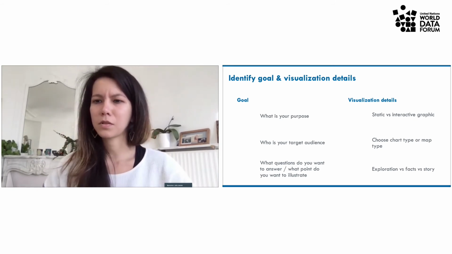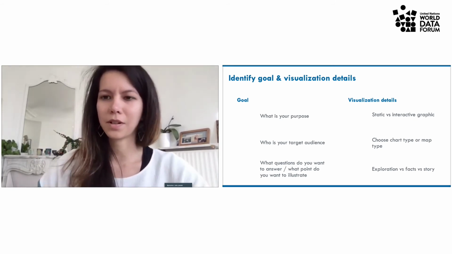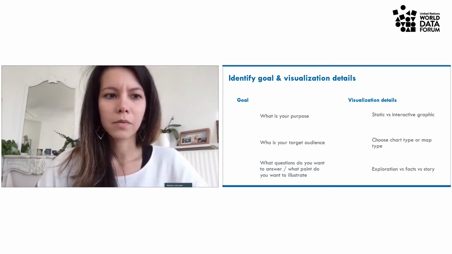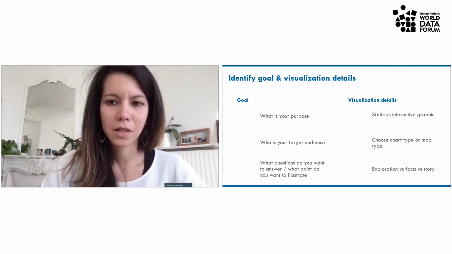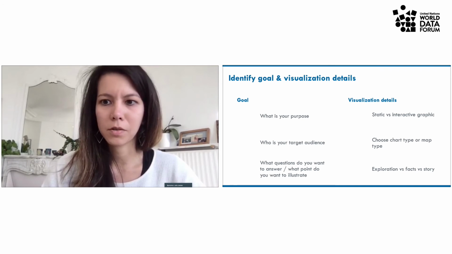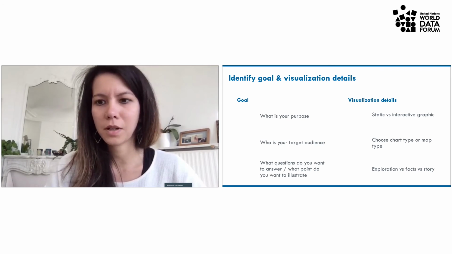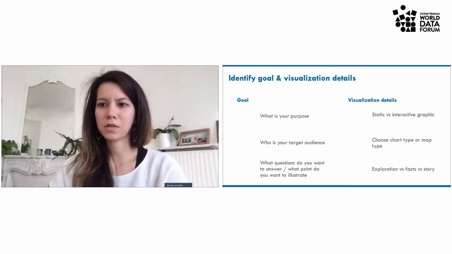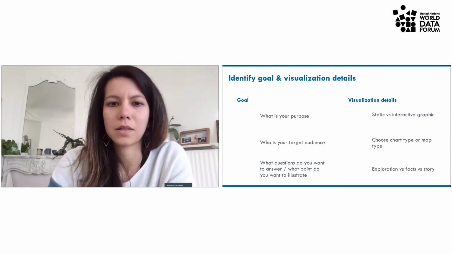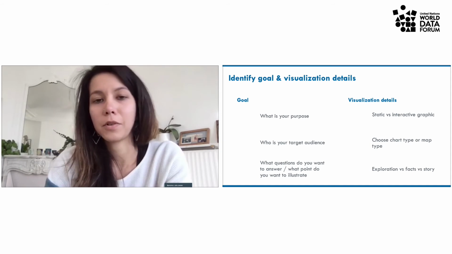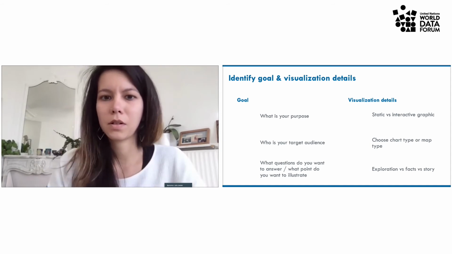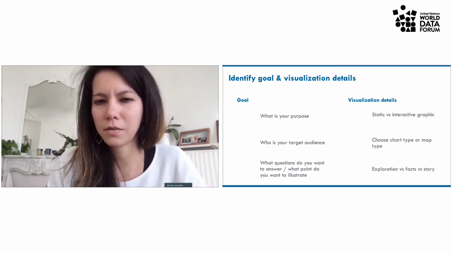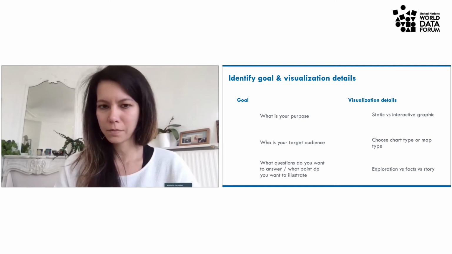The images are not showing up for some reason, but it's okay, I'll just go ahead. The first step is to identify your goal. What is your purpose? Who is your target audience? And what questions do you want to answer? Once you've determined that, there are some decisions to make on the visualization details. Do you want to make a static graphic, for example an infographic for a communication campaign, or an interactive graphic such as a data story?